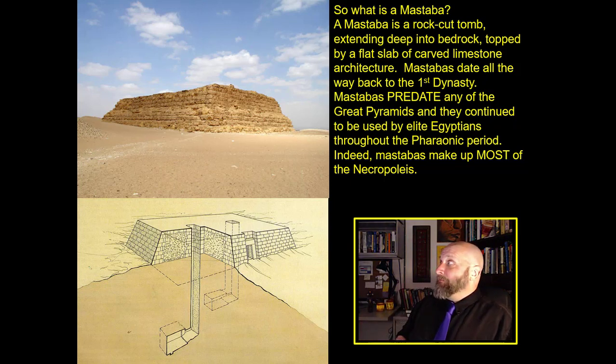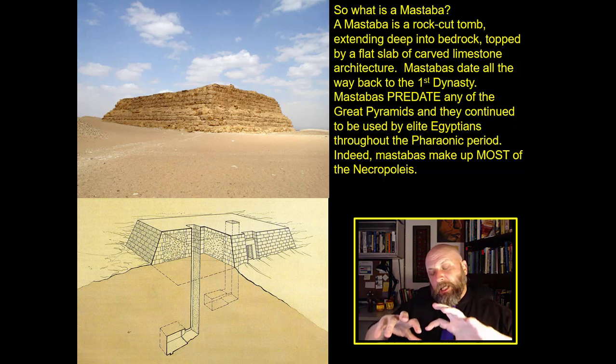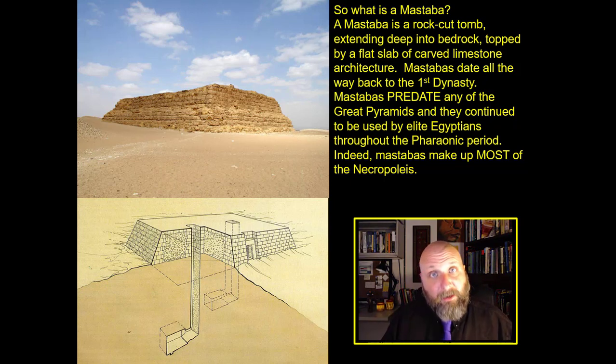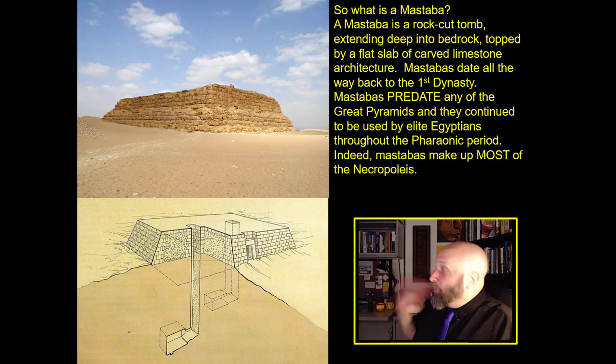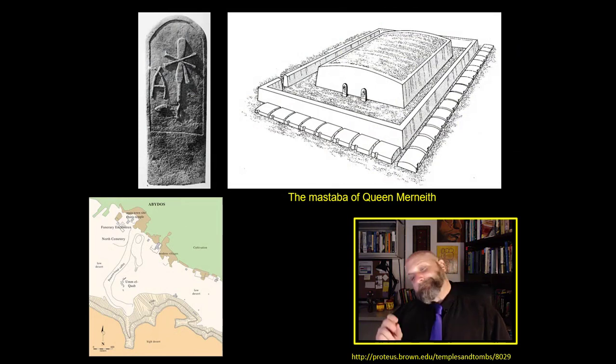Indeed, most of the structures that are there at these necropolises are just mastabas. So a mastaba, you either can have an individual buried there, or sometimes they'll function like family crypts, and you'll have 2 or 3 tombs underneath a single mastaba. And sometimes you can have multiple people buried inside one of these tomb chambers.